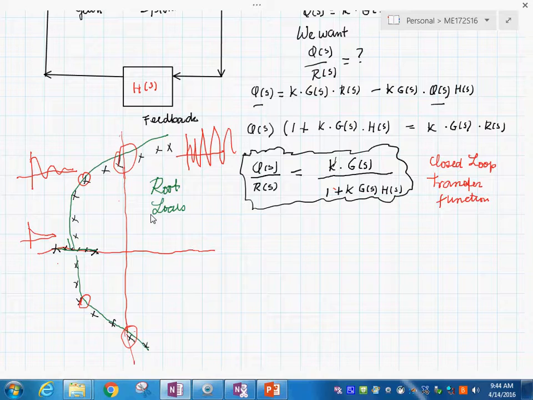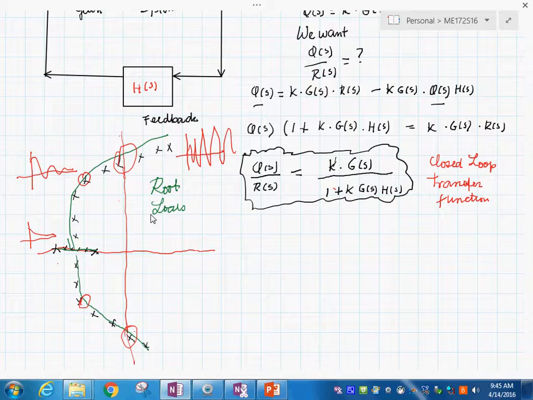Having done this, I'm going to show you some slides that talk about the different kinds of plots or locus that we can get of systems. I can tell you ahead of time that by using our bond graph technology, once we have a transfer function, we can test that transfer function by using this method, changing the value of k and getting the plot.